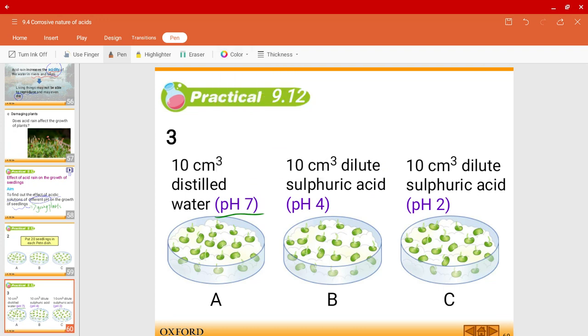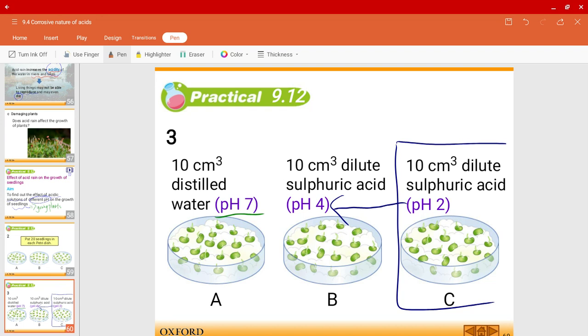Now you may ask me, Mr. Harris, how is it possible? How can you have 2 pH values of the same acid? Let me ask you one thing. Say, for example, I have pH 2 sulfuric acid, and I want to get pH 4.